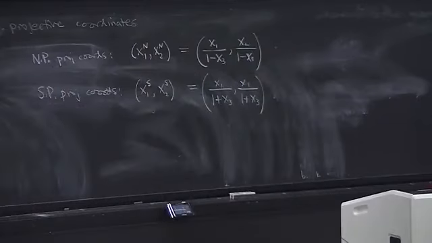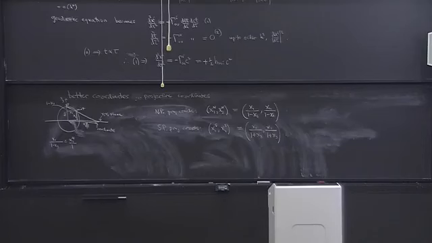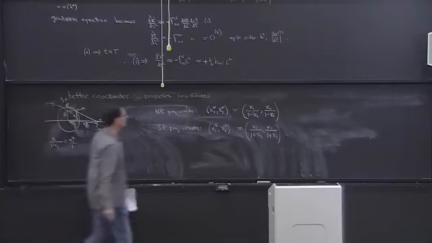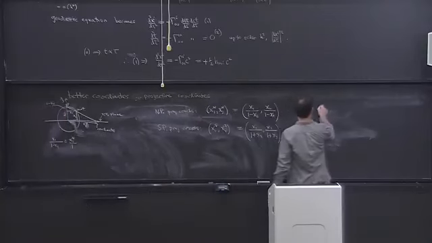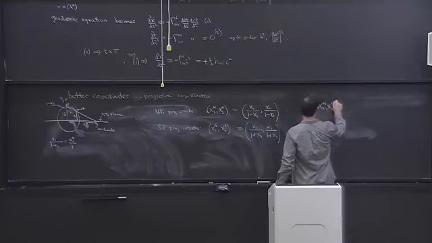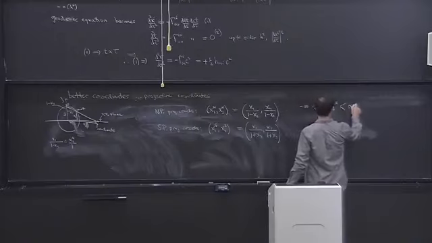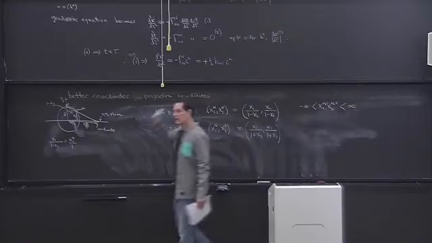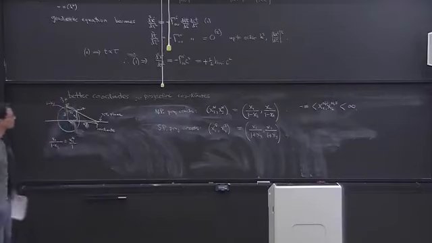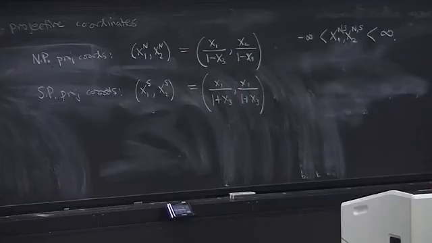So what you're doing is mapping every point on the sphere to a point on a plane. x1n and x2n go from minus infinity to infinity, so the sphere gets mapped to the plane.